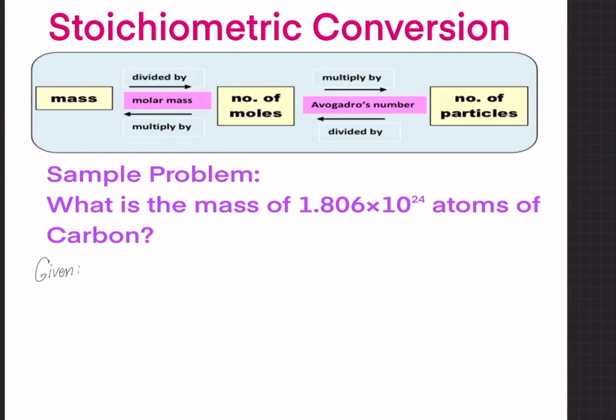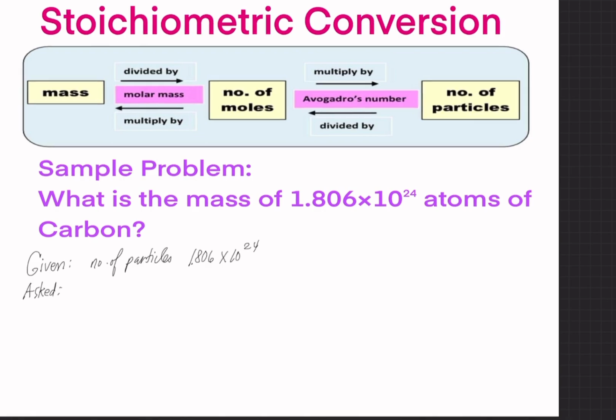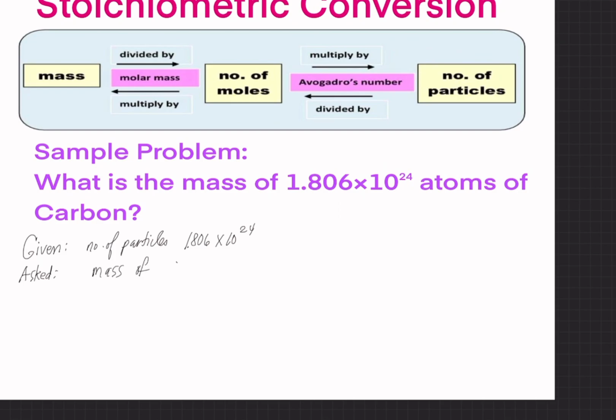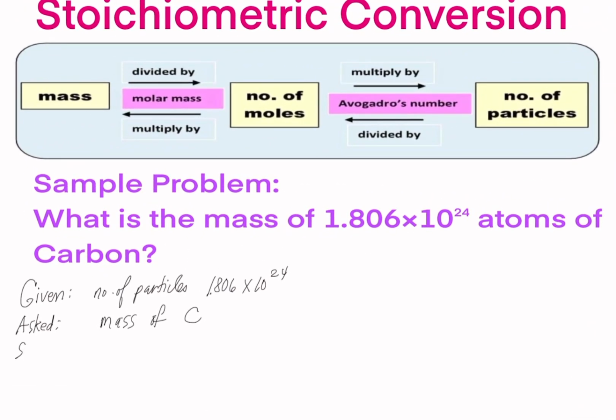Kaning sunod nga problem, gipangayo ang mass sa 1.806 times 10 to the 24 atoms of carbon. And we can solve this, of course, gamitan nato og stoichiometric conversion. Pero duha na ka pamaagi ang atong sulbaron. Una, i-convert nato ang number of particles ngadto sa number of moles.